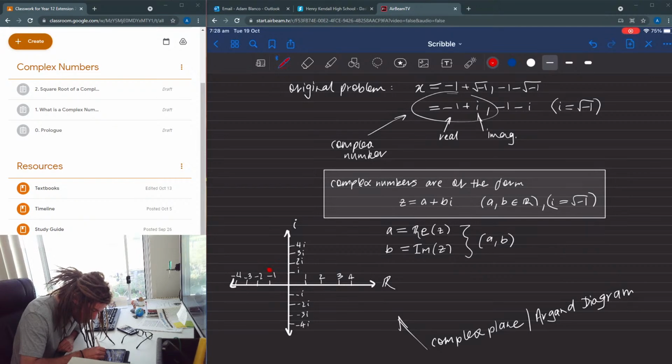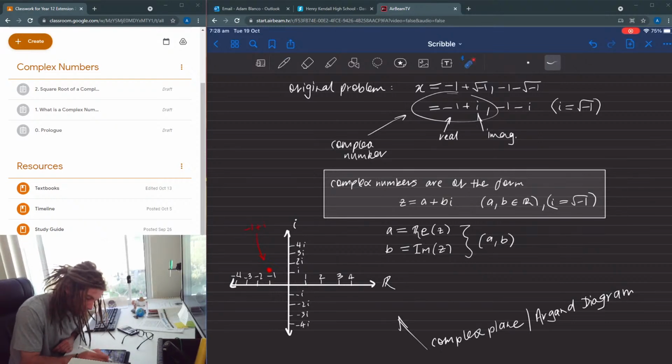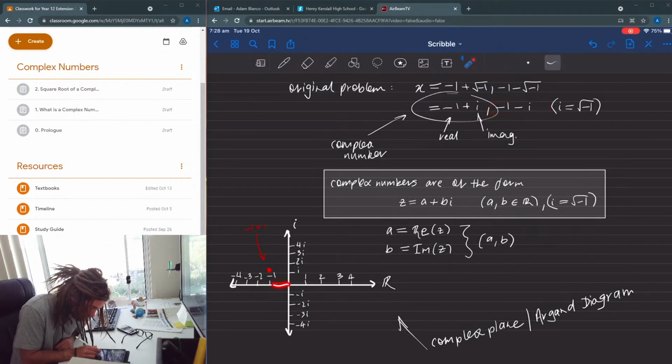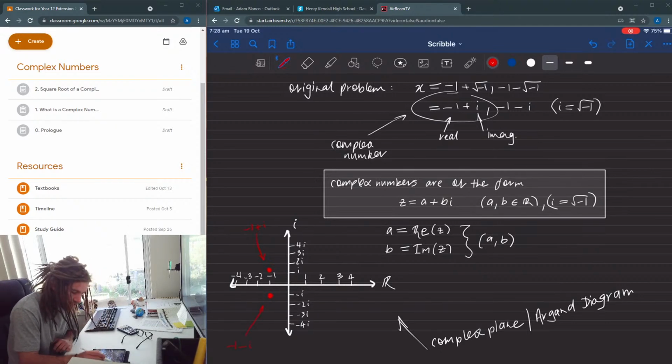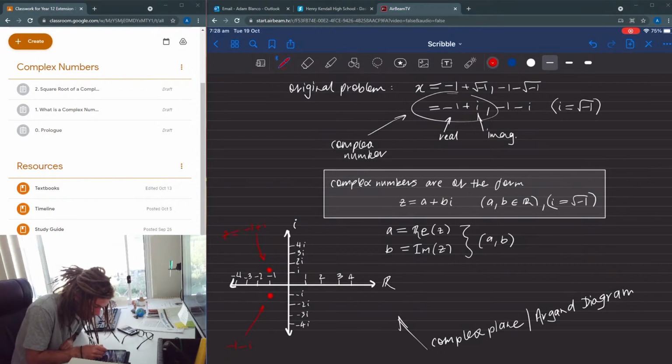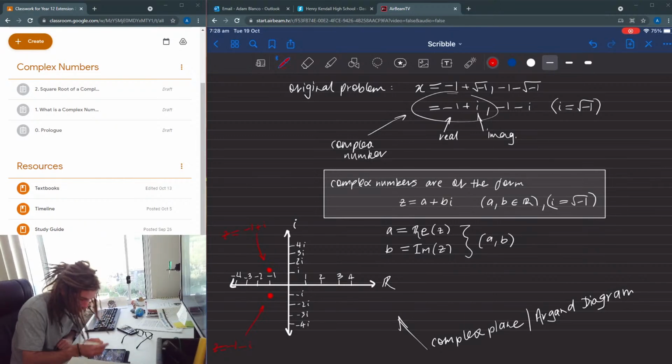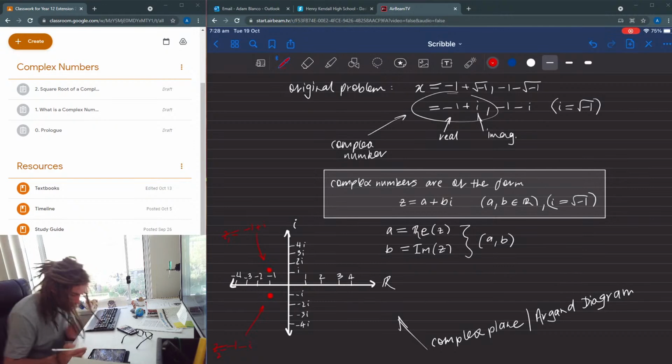So that is the point minus 1 plus i. And then the other one, minus 1 minus i, is here. Because these are complex numbers, we call them z, and there's two of them, so let's call this z1 and that z2.